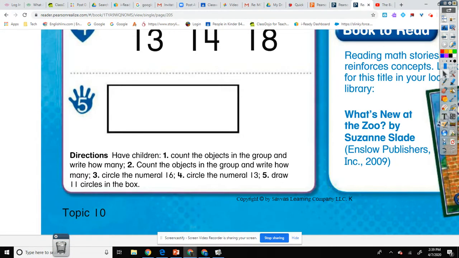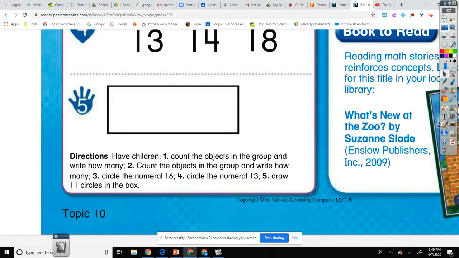Number 5, draw 11 circles in the box. So you just need to draw 11 circles. 11 circles. 1, 2, 3, 4, 5, 6, 7, 8, 9, 10, 11. All right, I think that's it.